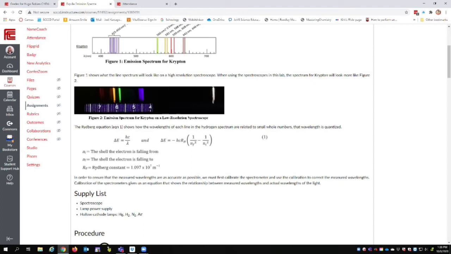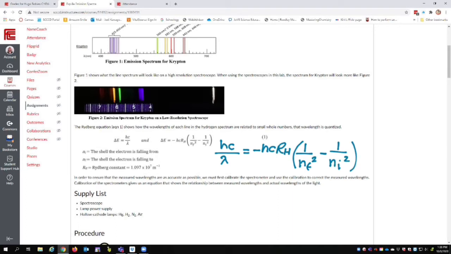So if I say that delta E is equal to hc over lambda, and delta E is equal to negative hc RH times the quantity 1 over nf squared minus 1 over ni squared.